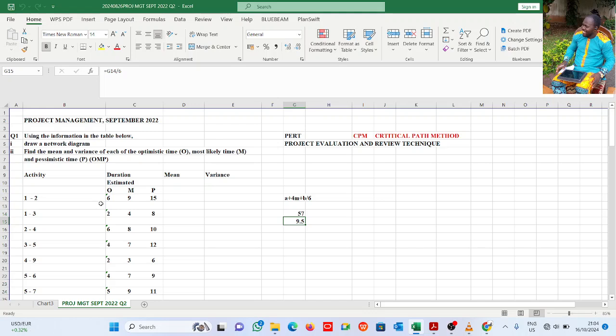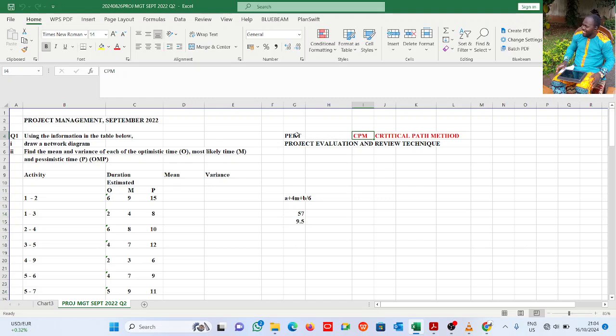Now whenever you have a question with 3 different times, the optimistic, the most likely, and the pessimistic, you have a question on PERT, the project evaluation and review technique. There are basically 2 types, we have the CPM, critical path method.